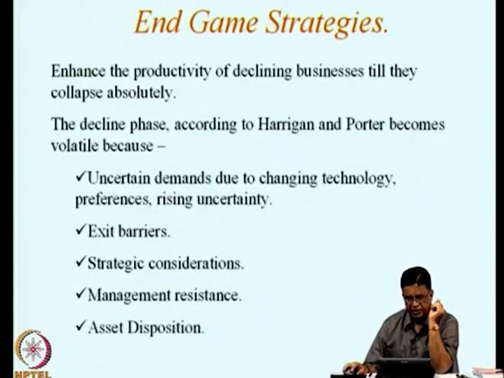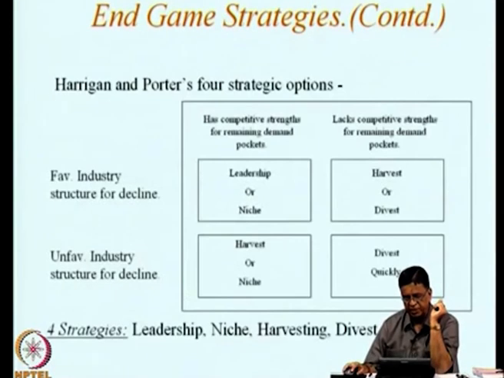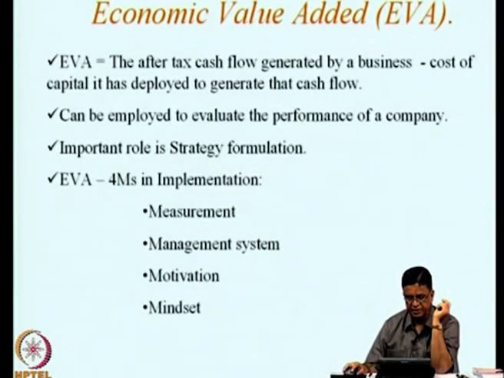So, we looked at this matrix given by Harrigan and Porter and said 4 types of strategic options could be considered, that is leadership, niche, harvesting and divest.